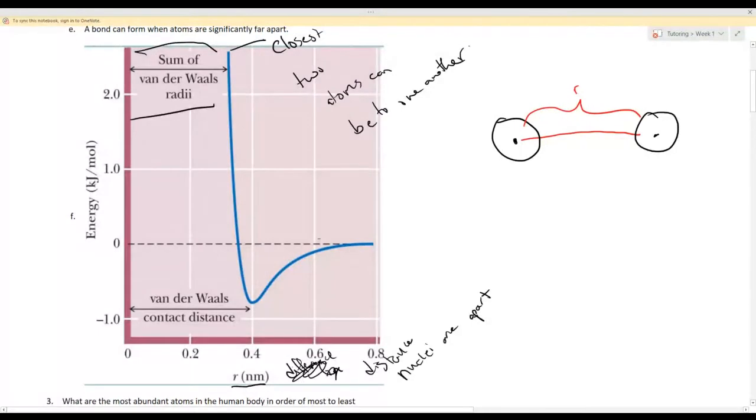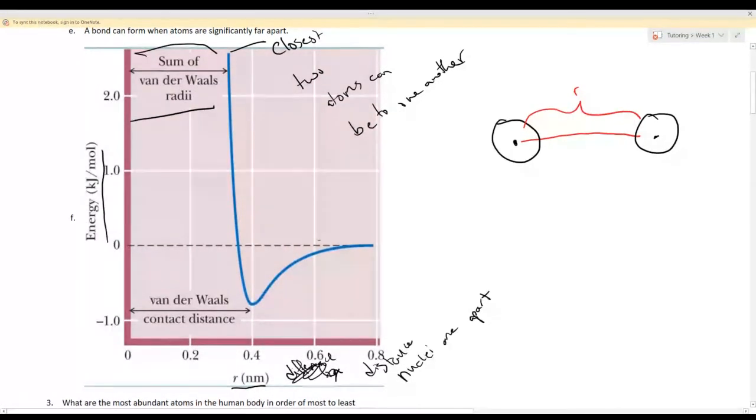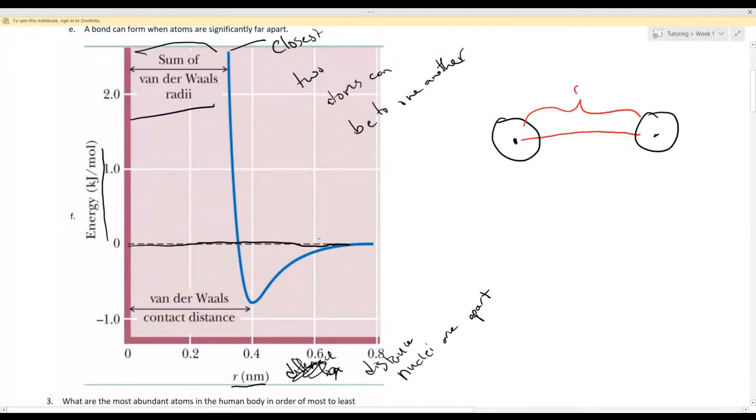Okay. So breaking bonds takes energy, forming bonds releases energy. So now this is important because we're going to get into the y-axis, energy. If forming a bond releases energy, then any time the energy is negative, there's a bond.